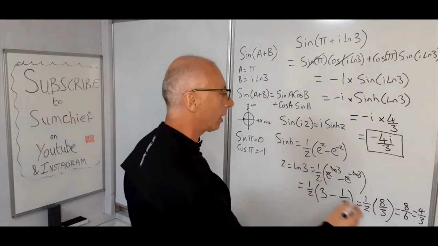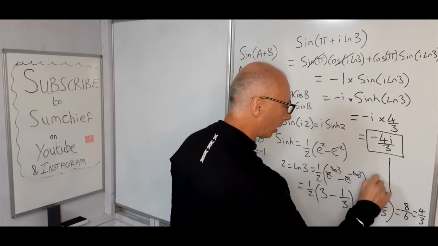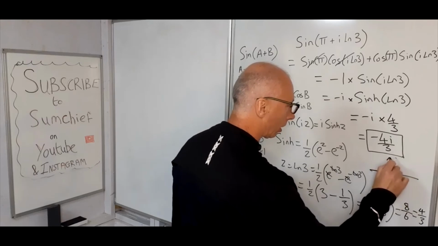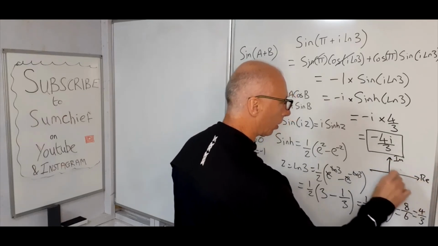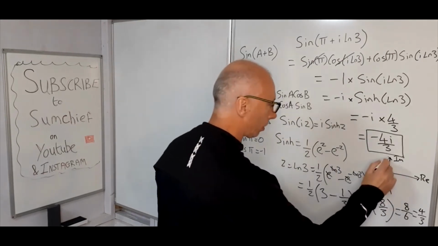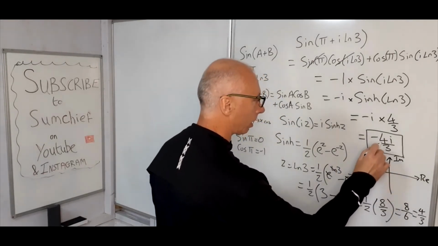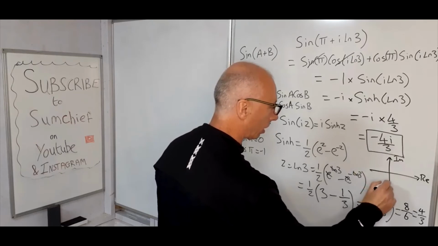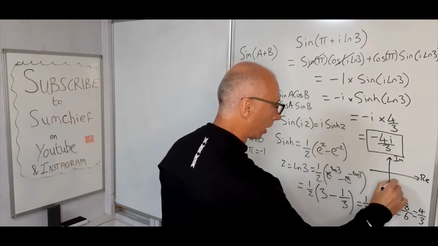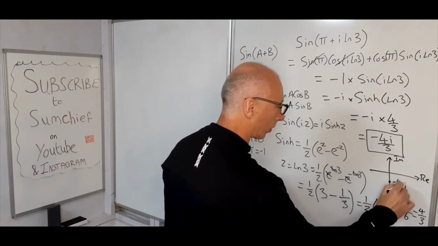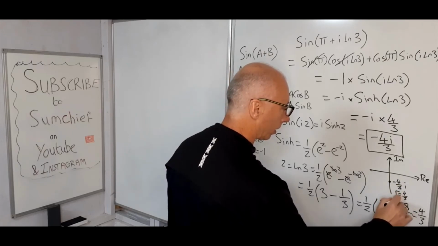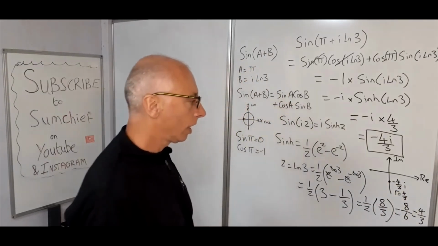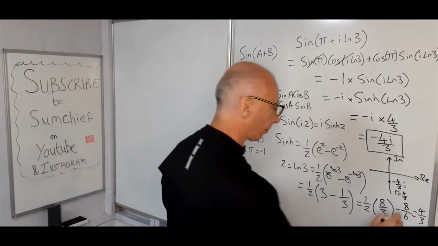So on the plane, let's just draw that up here quickly. On the complex plane with imaginary here and real here, the real input is 0, so it's going to stay on the imaginary axis. So minus 4/3 i, it's going to be there. Obviously radius equals 4/3, and the angle is minus pi over 2.